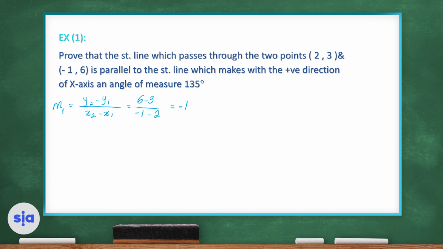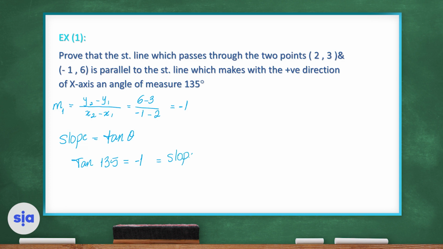It's equal to -1. If the question says the angle is 135, for sure we know that the slope equals tan theta. And here, theta is the angle, which is 135 degrees. So tan 135 is equal to -1, which is equal to the slope.